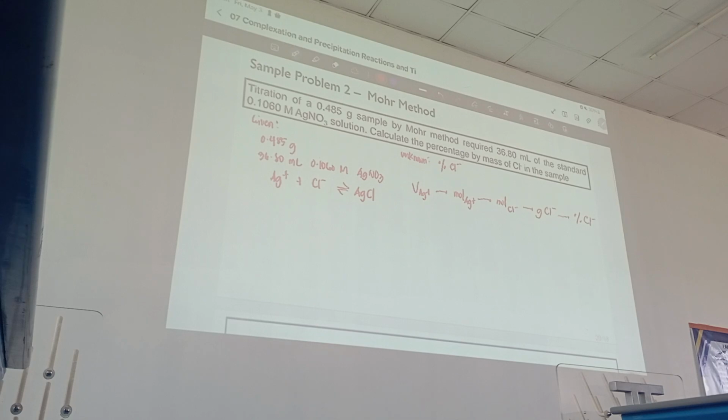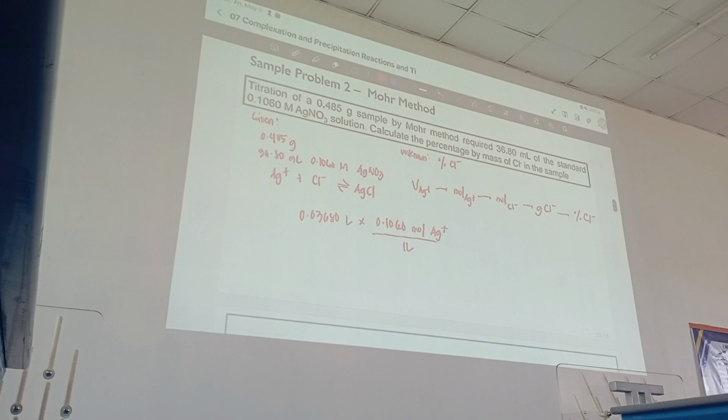So, this would be 0.03680 liters times 0.1060 moles of Ag+ over 1 liter, times 1:1 ulit, so 1 mole of Cl- over 1 mole of Ag+, times 35.45 grams per mole of Cl.